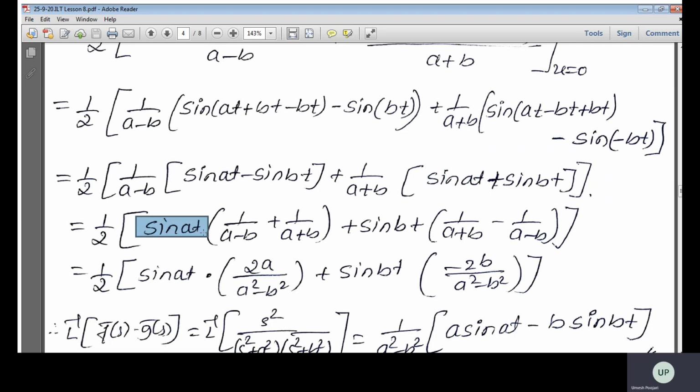If you take sin at common, the remaining terms are 1 by a minus b plus 1 by a plus b, plus sin bt as it is into 1 by a plus b minus, because of this minus sign here, minus of 1 by a minus b. So we shall try to simplify this bracket. If you simplify by taking LCM, you will get 2a by a square minus b square, because the product of these two will be a square minus b square.